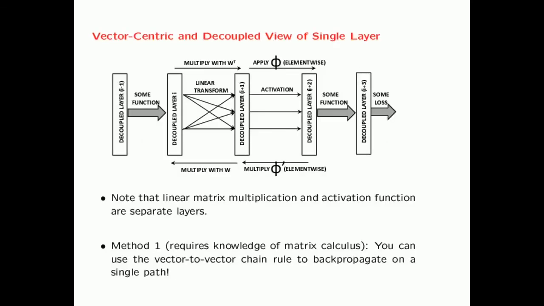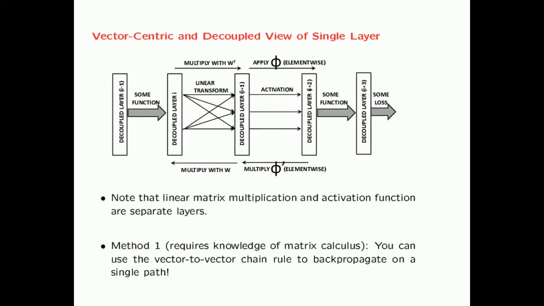Just to show this pictorially, I have shown an example with decoupled layer i, decoupled layer i plus 1 and decoupled layer i plus 2. Note that between decoupled layer i and decoupled layer i plus 1, you are multiplying with the weight matrix W transpose. So you have a vector in decoupled layer i and you create a vector in decoupled layer i plus 1. Note that each of these rectangles is now a new node which contains vector variables.